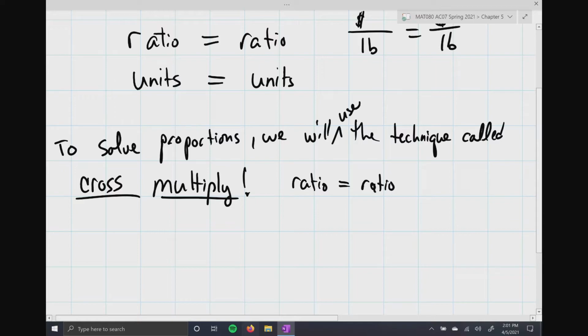So, first thing we're going to do, let's determine if we have proportions. Now remember, a proportion is a true statement that says this ratio is equal to another ratio.